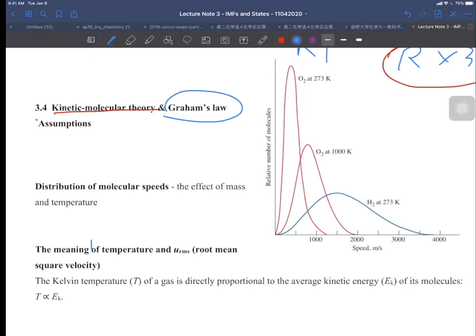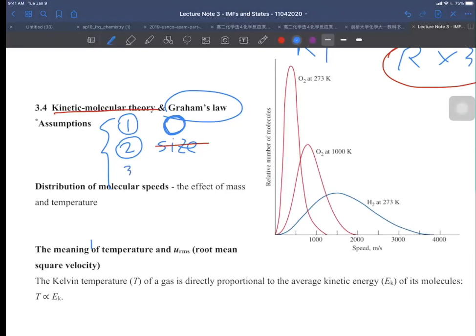So let me briefly write it down. The first one is gas molecules are like spheres. I will just write it in this way since I did not have my pen. The second one is the distance is much greater than the radius. Let's say the size of the molecules is negligible, so we can ignore the size because the distance is much greater than the size.